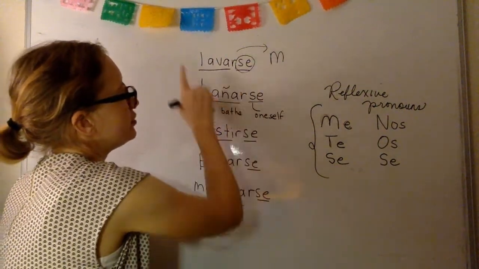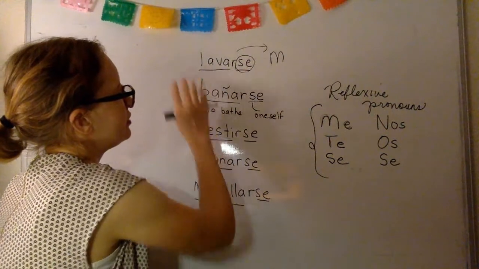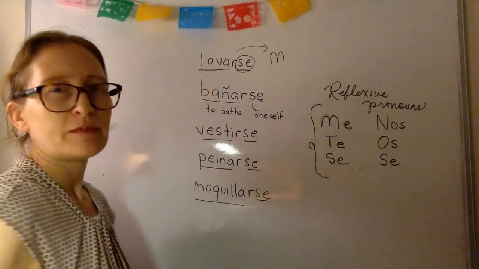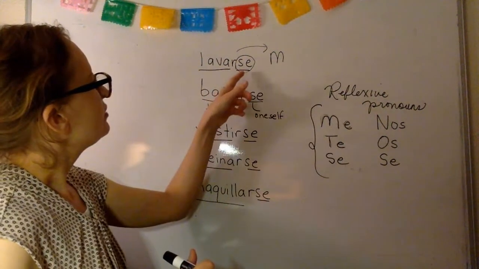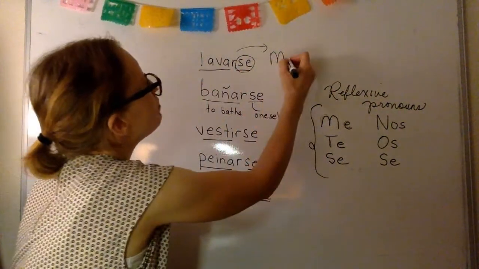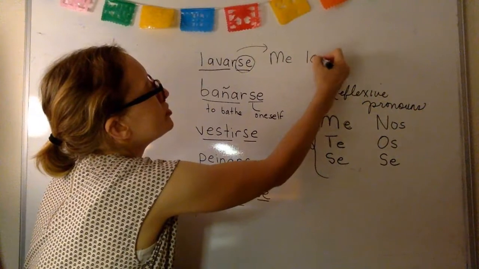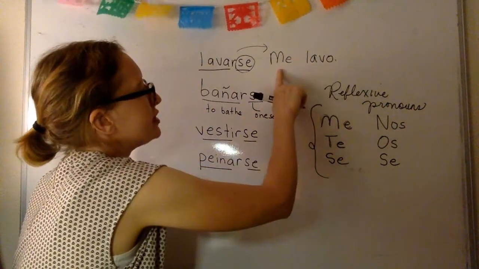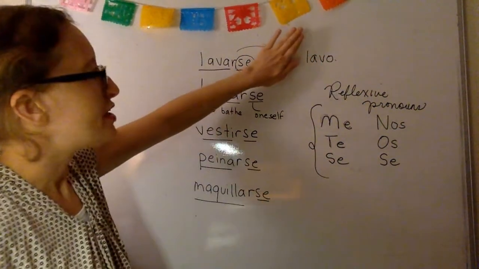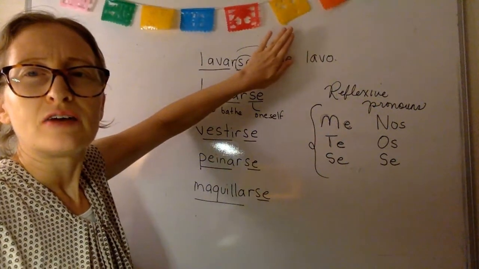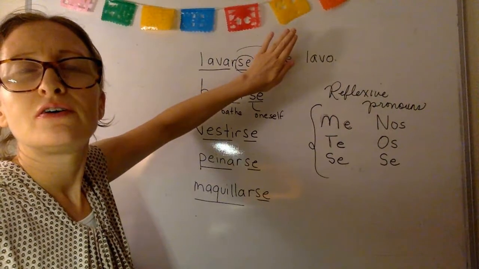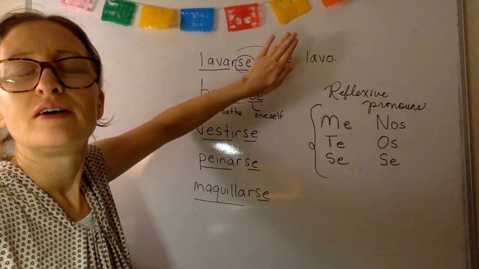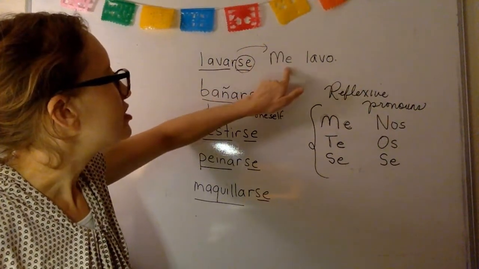We're going to put it before the conjugated verb if we're just conjugating it and we're not using a command and we're not using a gerund. Then we put it in the front. Me lavo. I wash myself. If we just say lavo, I wash, then the listener doesn't know who you're washing. So you have to be specific in Spanish.